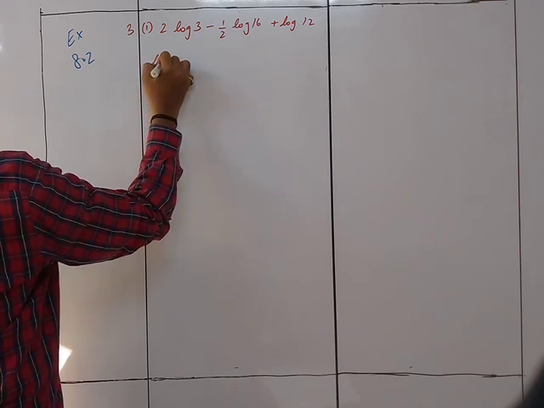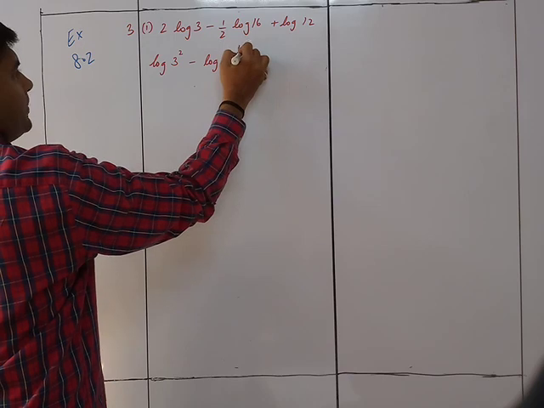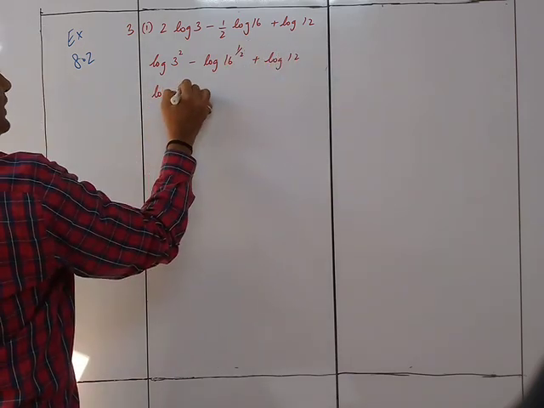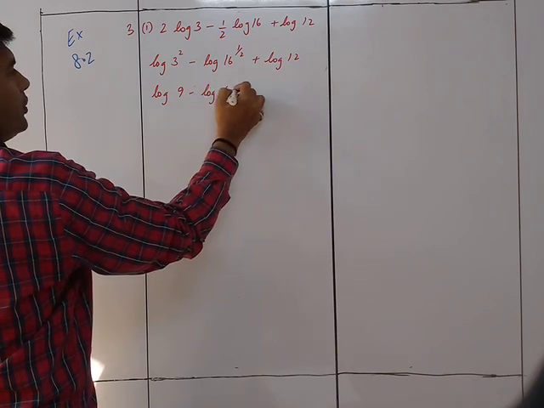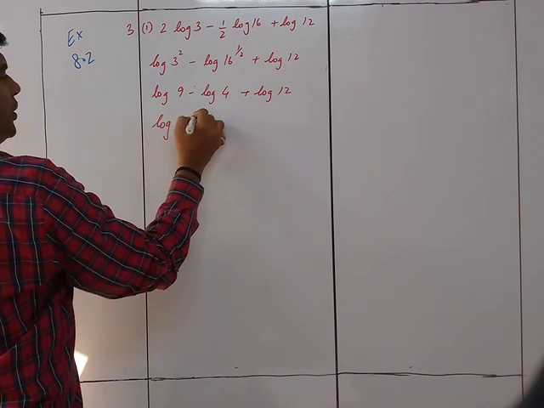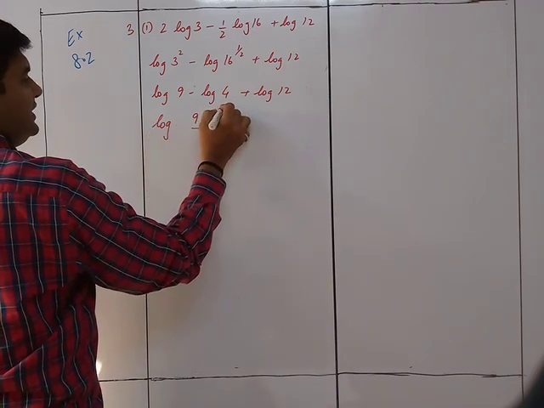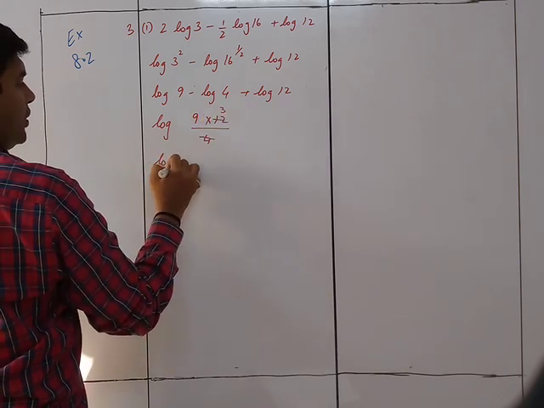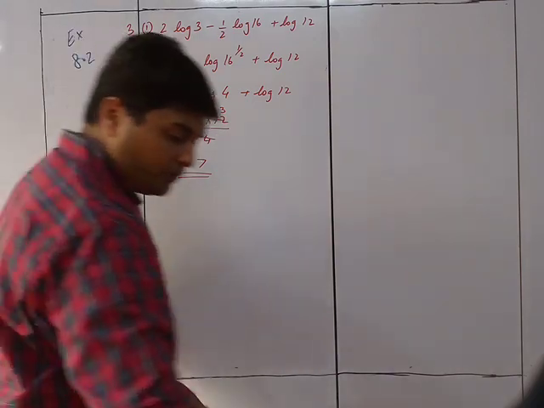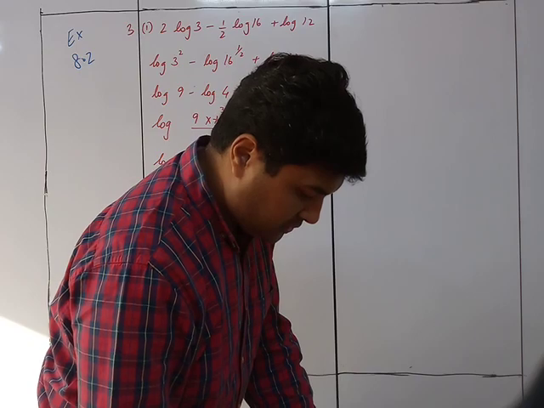So that's nothing but log of 3 square minus log of 16 raised to 1 upon 2 plus log 12. So that's log of 9 minus log of 4 plus log of 12. That's nothing but log of 9 into 12 upon 4. This is 3 times 9, so log of 27 will be the answer of third first.